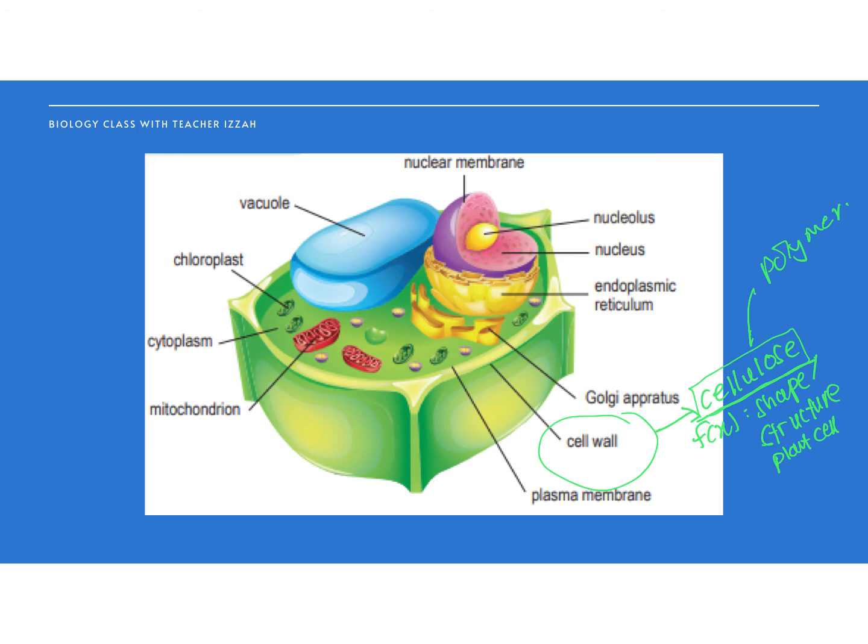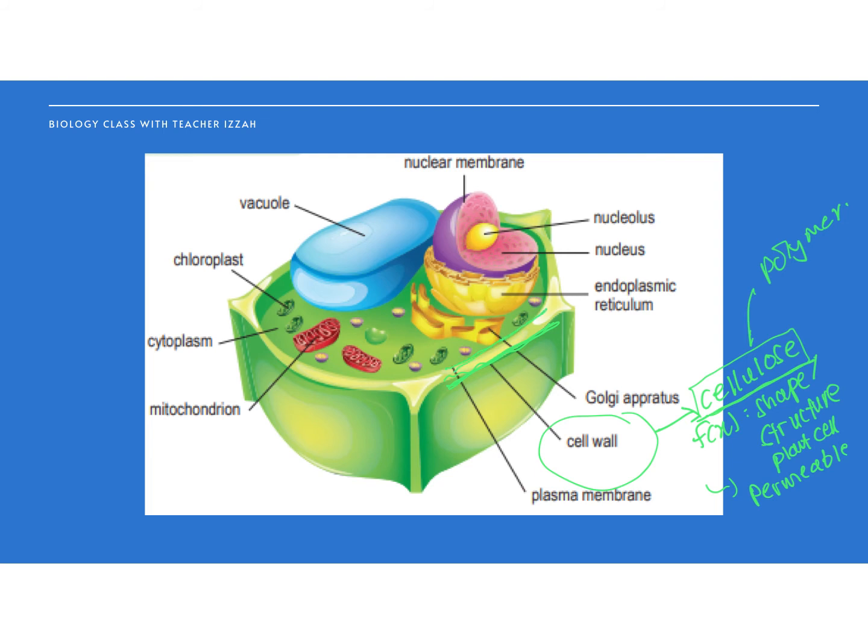And the characteristic of the cell wall is that it is permeable. Permeable means it allows any substances to pass through. Remember, the cell wall comes first before the cell membrane.